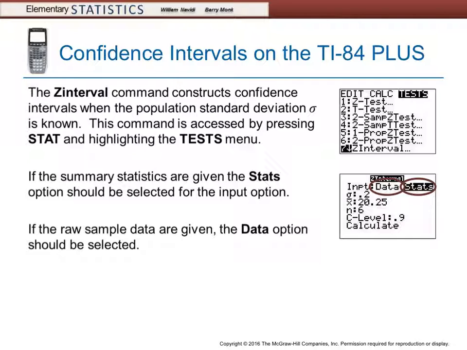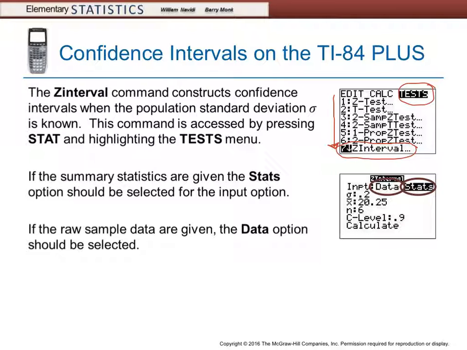So doing things by hand is a little tedious. We can use the TI 83 or 84. If you hit the stats key and you move the cursor over to test, you will find that the option we're looking for is under option 7, which is called the Z interval.